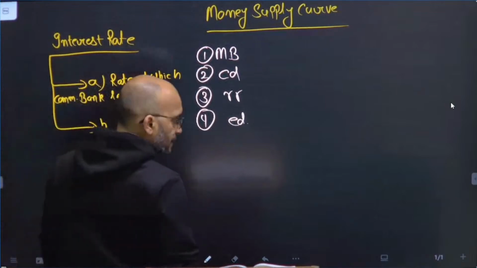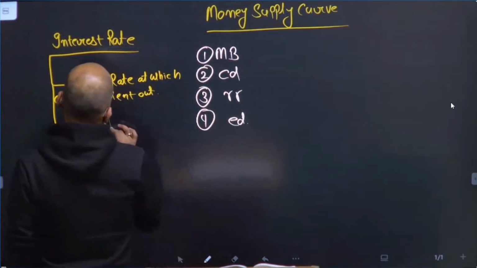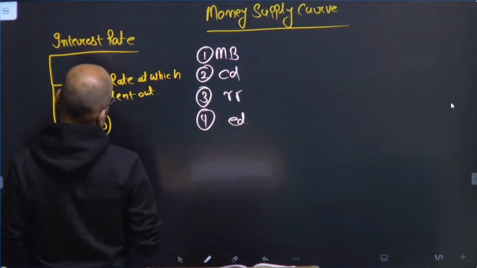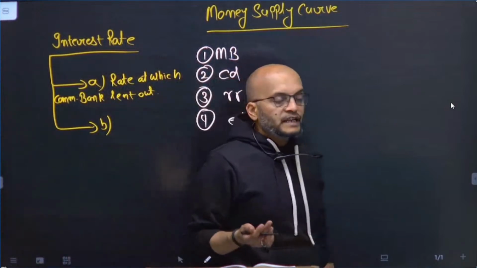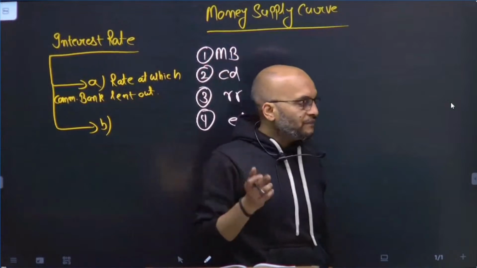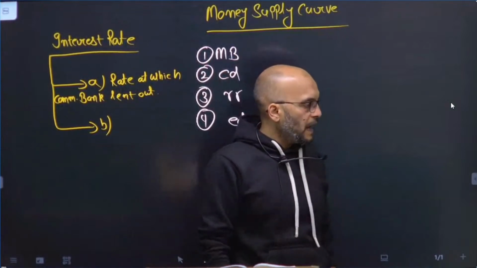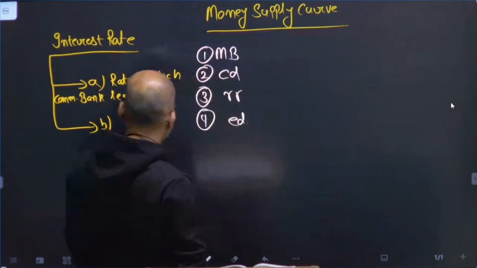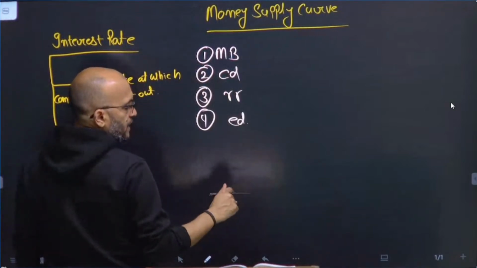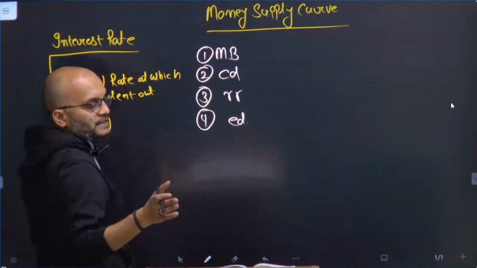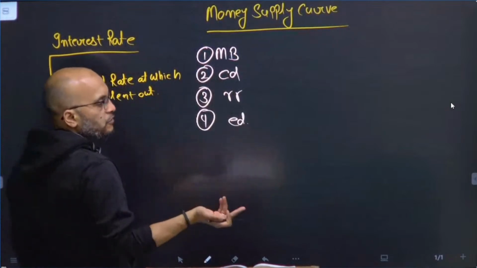Yeah, we all agree. But there is one more component of it, and it is the interest that people get when they deposit their money in a bank. When you deposit your money in a savings account or in FD or in RD, the interest that you are getting, that is also interest rate.